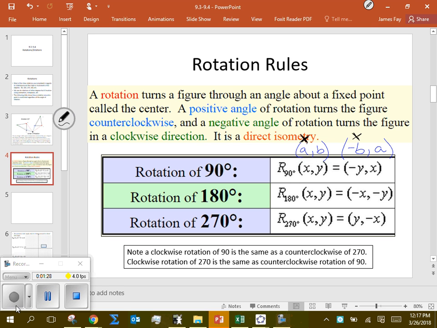That is still an x value. That's a y, and that is a y. However, the way they are related to one another is that this x value right here, that x value right there, is the opposite of that y value. And this y value right here is the same as that x value. Does that kind of make sense?